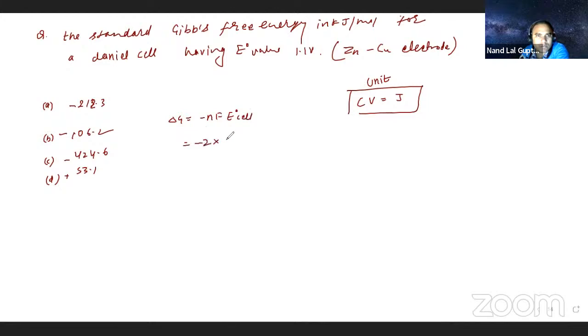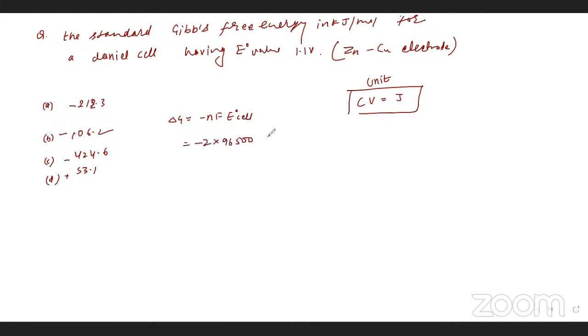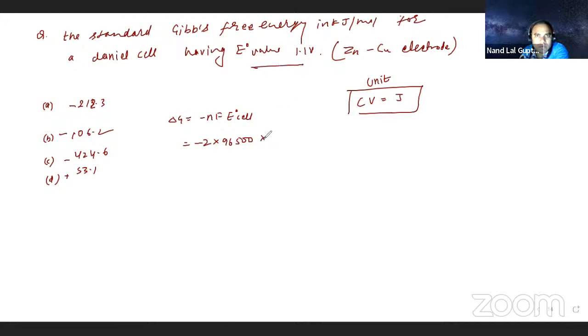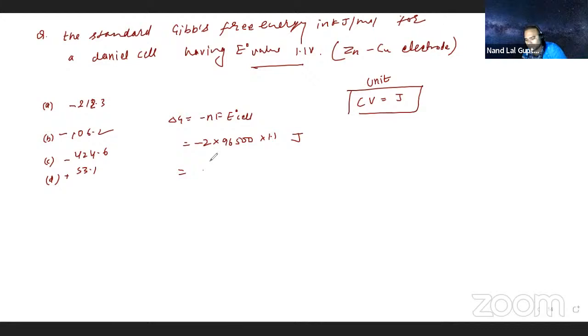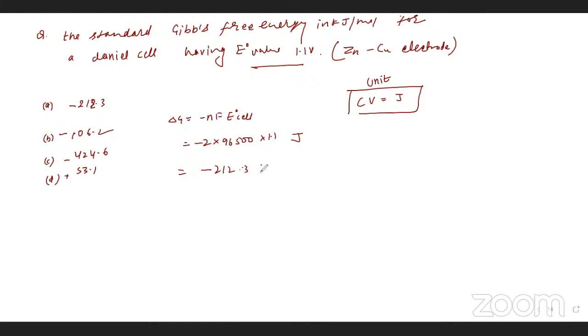So it is minus 2 into 96,500 into 1.1, and it is going to be in joule. You can solve this one, see how much the answer comes. The first one is the answer, minus 212.3 kilojoule per mole. This is okay.